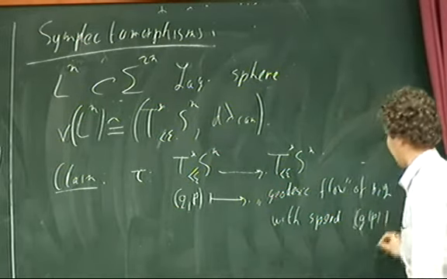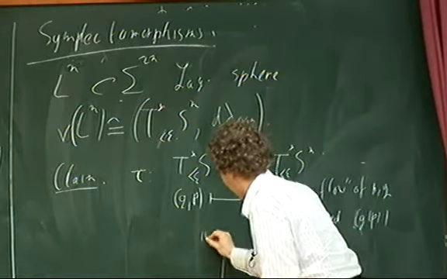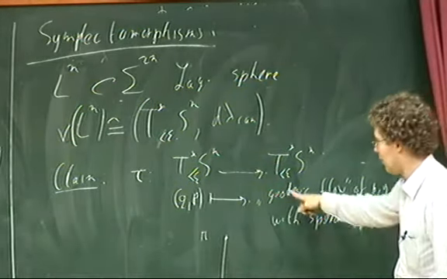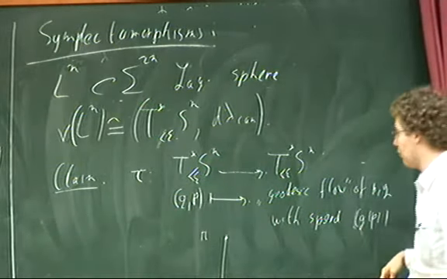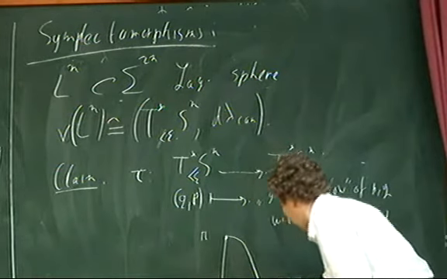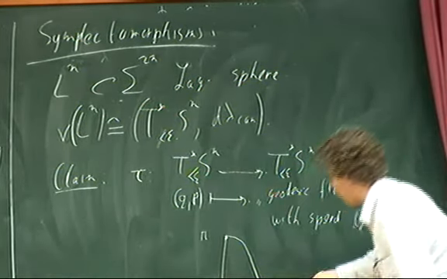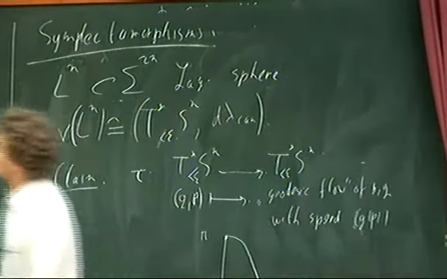I haven't defined g. So g is some function that looks like, at the zero section, it's pi. So what I want to say is that such a map tau is minus the identity at the zero section, and then it drops off to 0. So for large p it's the identity, and for small p it's minus the identity.